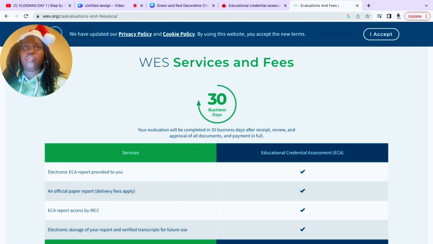Your university would give you a sealed envelope with a copy of your transcript, and then you would send it through DHL. But COVID, man, I hate COVID, but it kind of made things easier in some aspects of life. So during COVID and after COVID, your institution can now even send your transcripts through email.